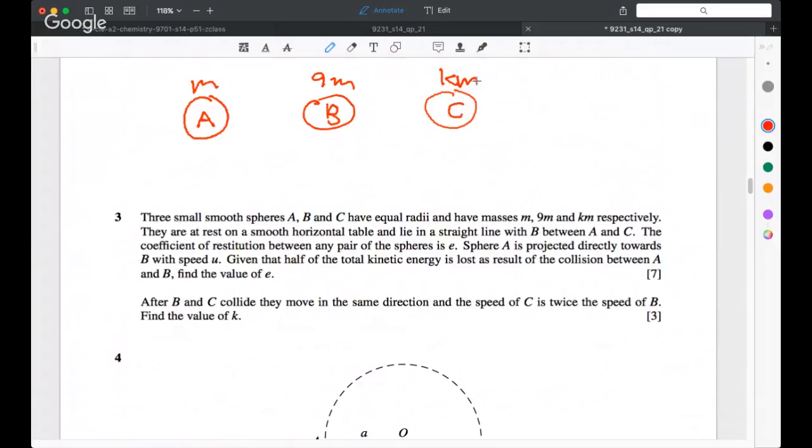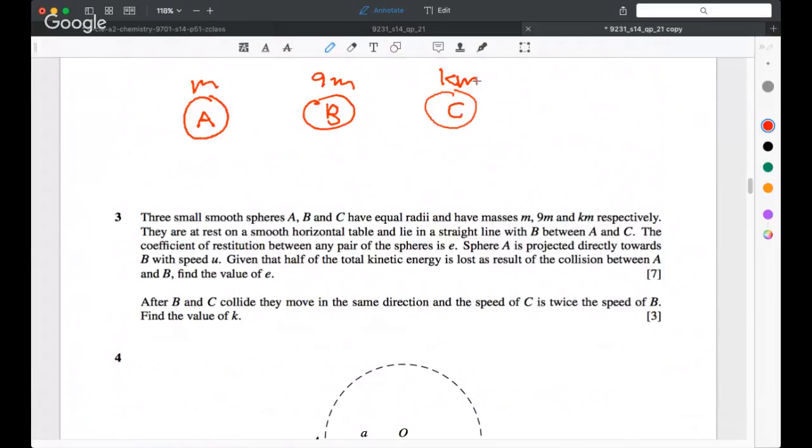They are at rest on a smooth horizontal table and lie in a straight line, with B between A and C. The coefficient of restitution between any pair of spheres is E. Sphere A is projected directly towards B with speed u. Given that half of the total kinetic energy is lost as a result of the collision between A and B, find the value of E.